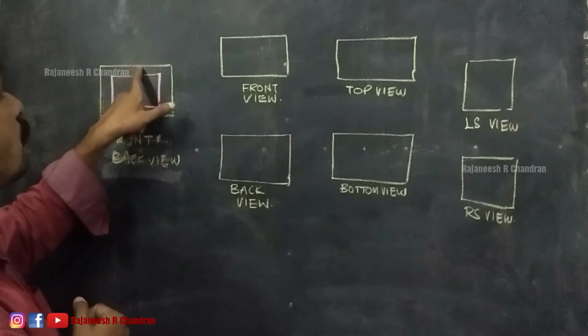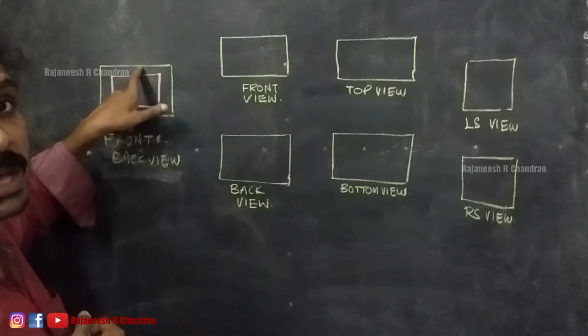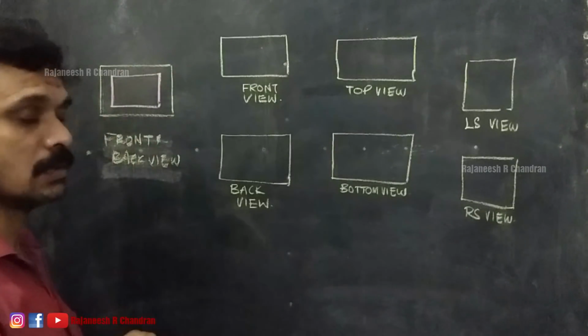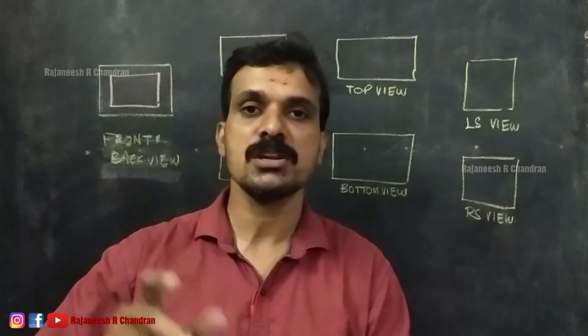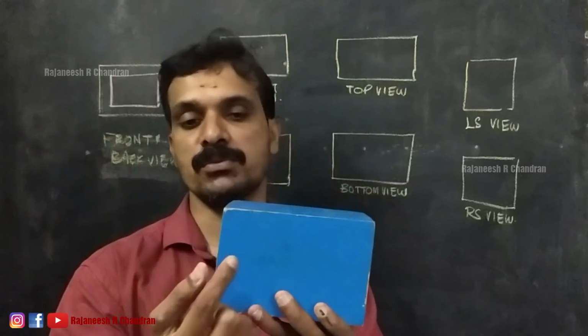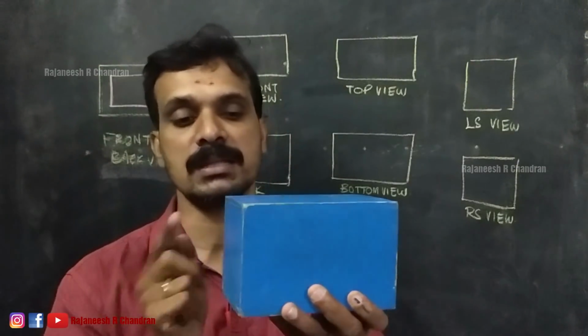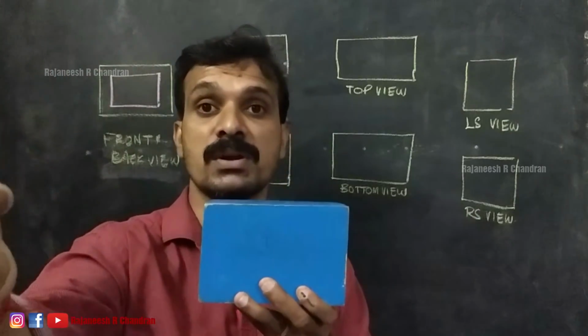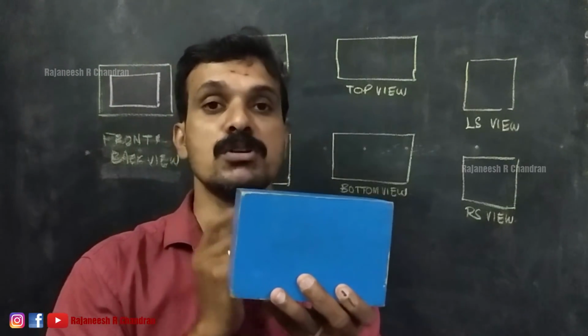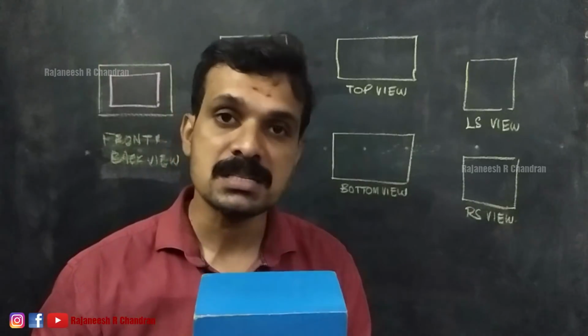So, here we have used the yellow color for the front view and the pink color for the back view, right? See, when the observer is observing this object from the front, he can see the front view like this, and he can see the back view here. See, when the observer is at its front, actually this back portion is invisible to him, right?